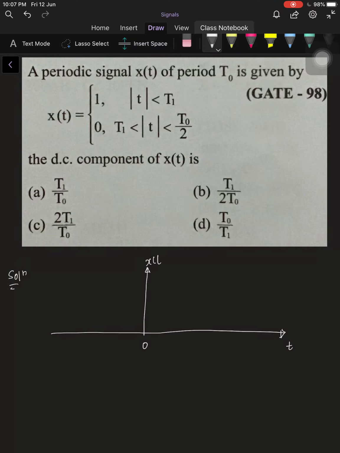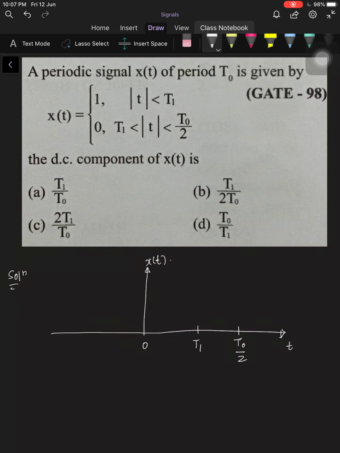So let's take x of t. It's 1 for the magnitude of t less than t1. Let us say this is t1. And since the magnitude of t is greater than t1 and less than T naught by 2, it obviously means that t1 should be less than T naught by 2.